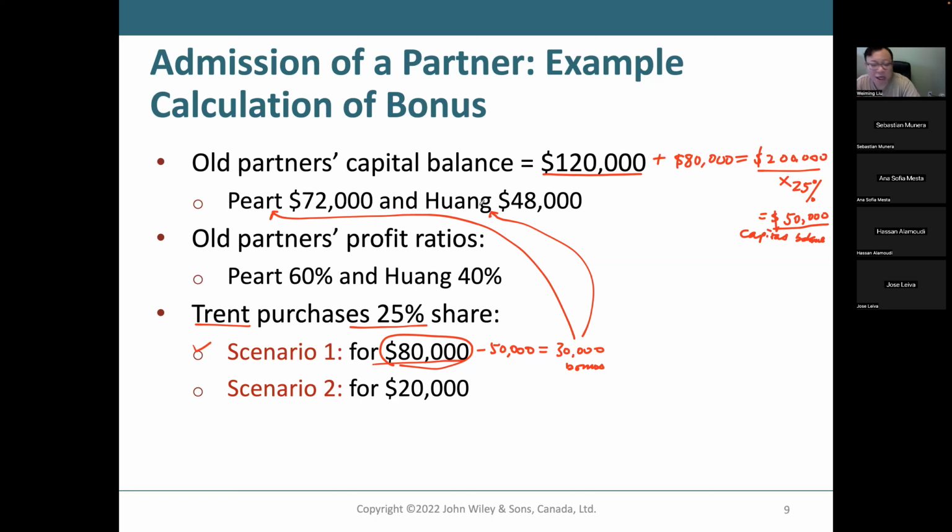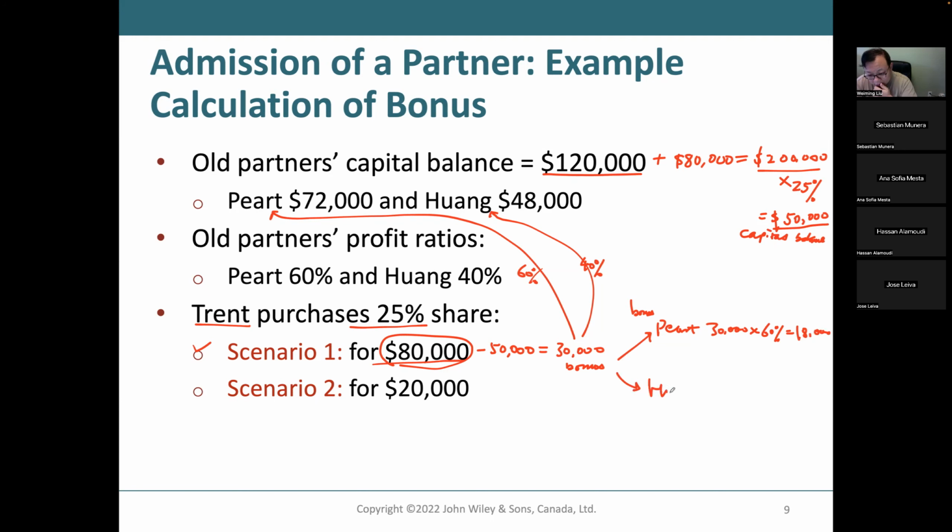And what is the profit ratio? We know this one is 60%, this one is 40%. So for Pert, the bonus is 30,000 times 60%, which is 18,000.